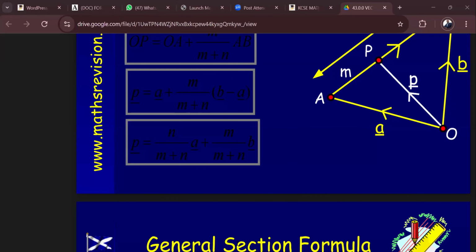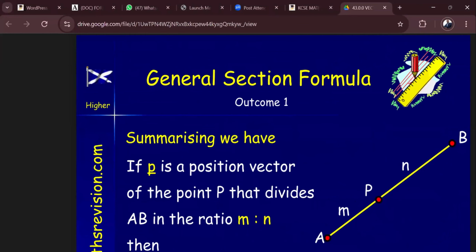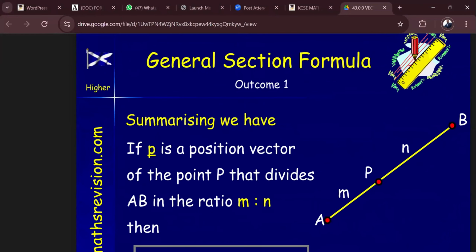That's fine. We have seen how collinearity goes. I don't want to look at the general formula now that everybody has understood.